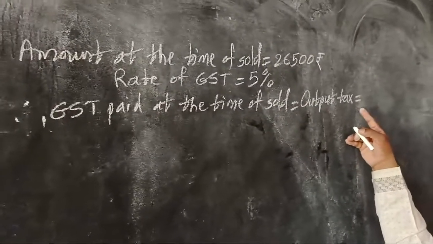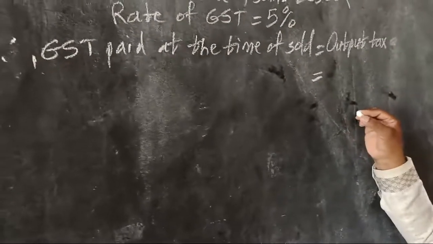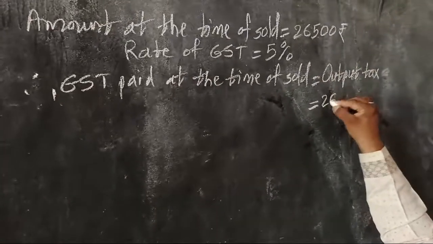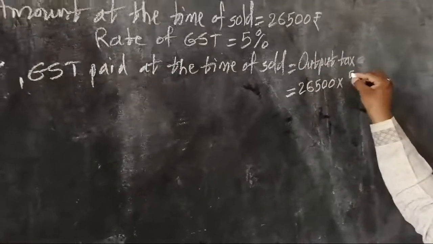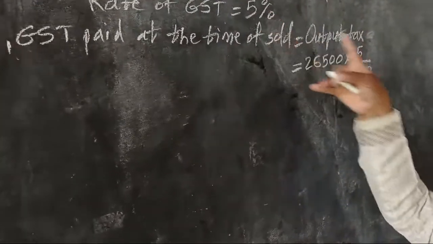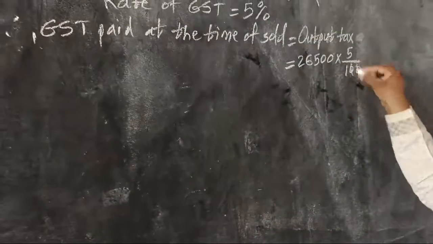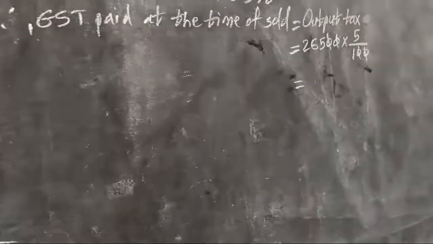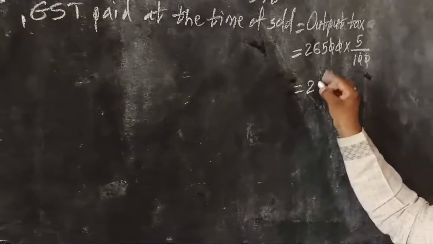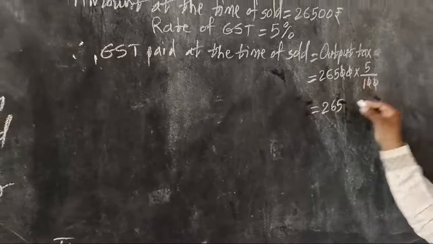And what is the formula? 26,500 into 5 upon 100. Yes, 26,500 into 5% means 5 upon 100. Good. Double zero gets cancelled. 265 into 5.